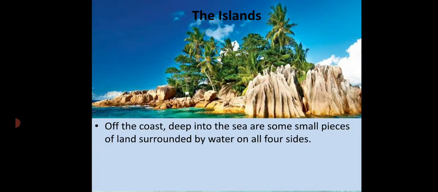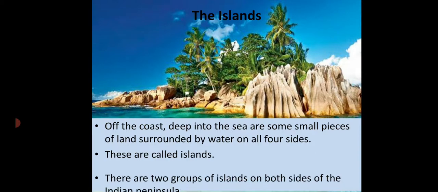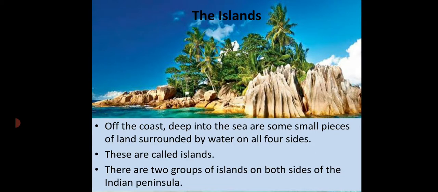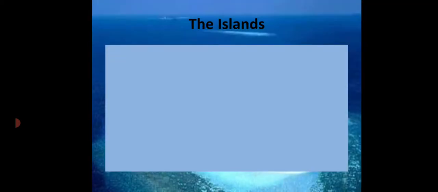Off the coast, deep into the sea, are some small pieces of land surrounded by water on all sides. These are called islands. There are two groups of islands on both sides of the Indian peninsula.